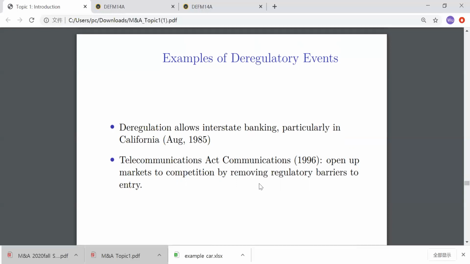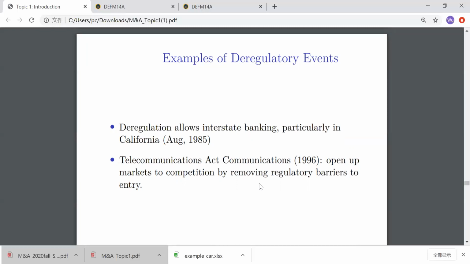So some examples of the deregulatory events, right? Historically, the banking industry is very highly regulated, right? In the 1980s, especially in 1985, and also in the early 1990s, right? This is when there was banking deregulation going on. And this deregulation allows interstate banking, particularly in California. So that means if you are a bank in California, you can enter other states, right?